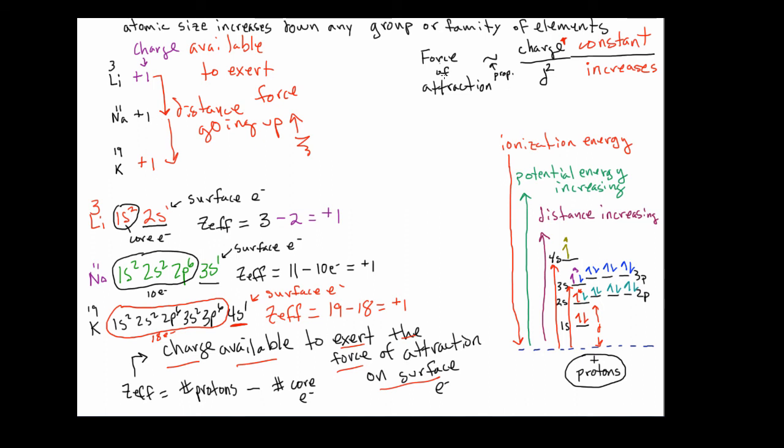And remember that the force of attraction is calculated by dividing this number, which is a constant, by the distance factor squared. So our force of attraction is going to decrease. I'm going to write this down. Force of attraction decreases as we move down the group.